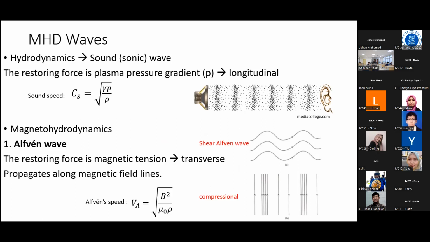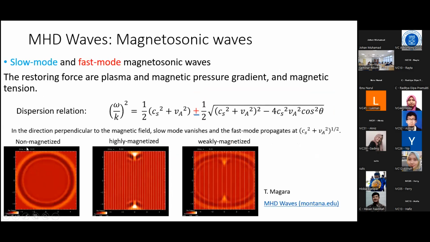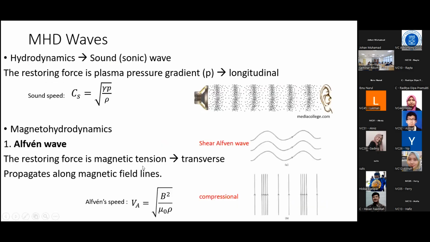First one is the Alfvén wave. The Alfvén wave is the wave whose restoring force is the magnetic tension, and the shape of the wave is transverse.